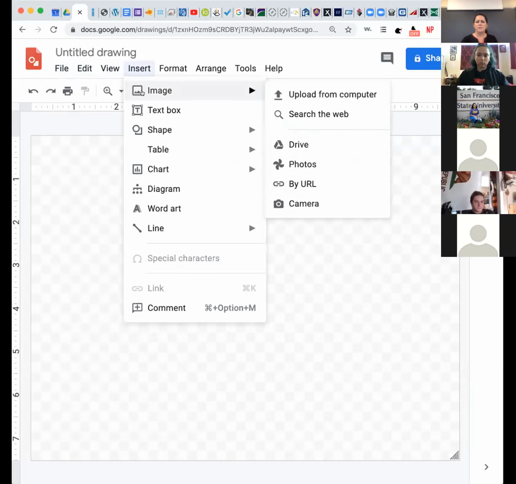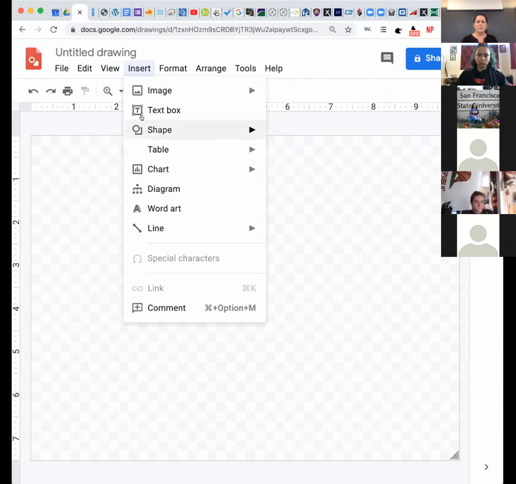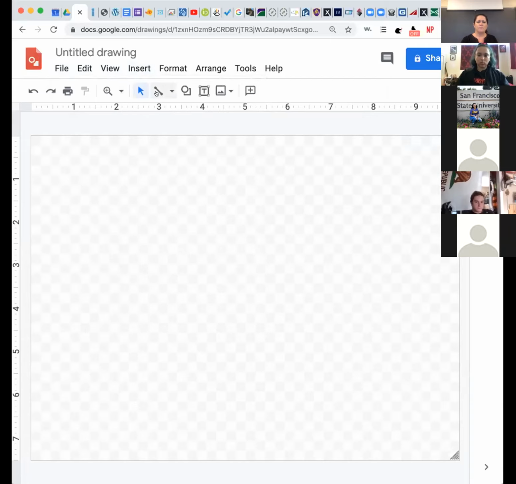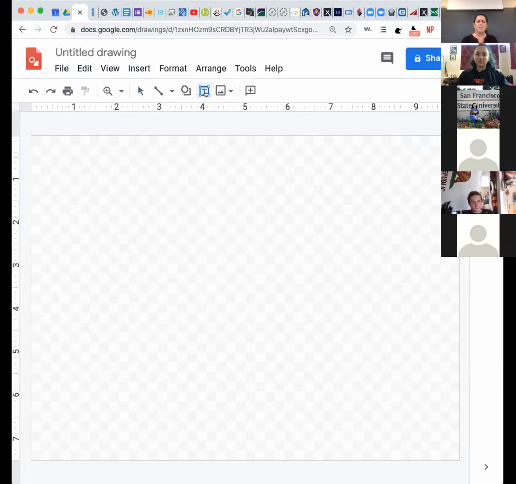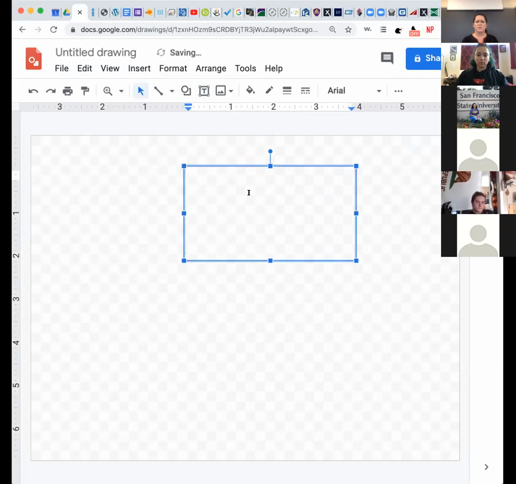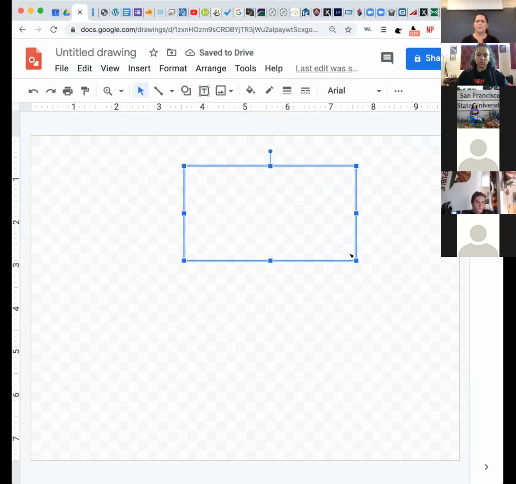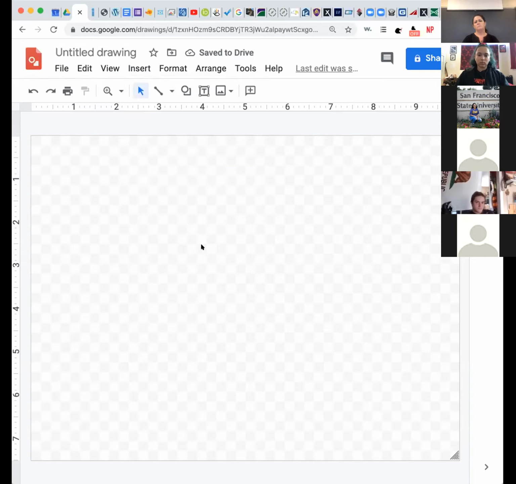Or you can insert an image that you upload from your computer. There are text boxes and shapes, and simple lines. It's got pull down menus, super easy to use. This is for a text box, so you can just start typing whatever you want, and if you don't need that big a box, you can adjust everything. It's just a nice little program.